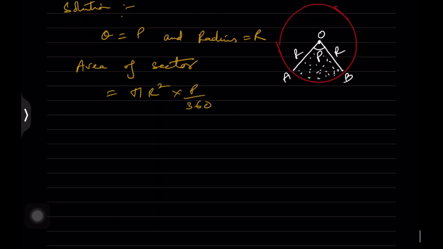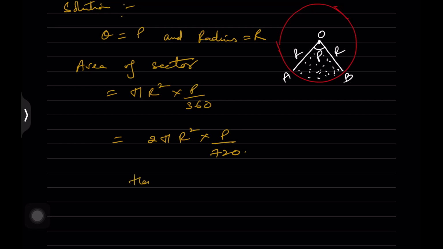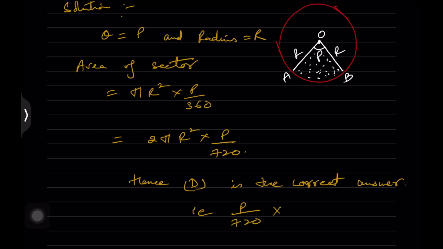Multiplying 2 in the numerator and denominator, you will get it as 2 pi R square into P by 720. Hence D is the correct answer. That is P by 720 into 2 pi R square.